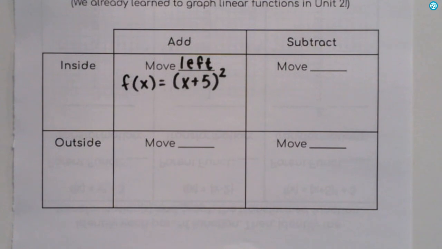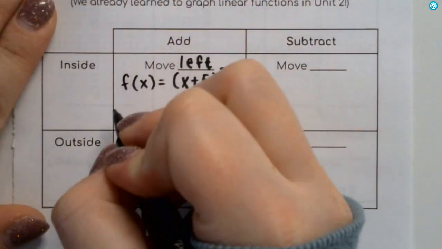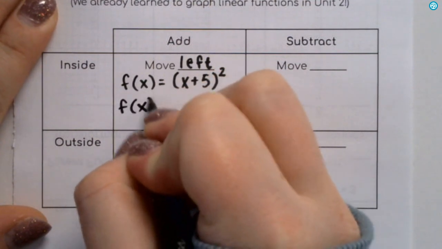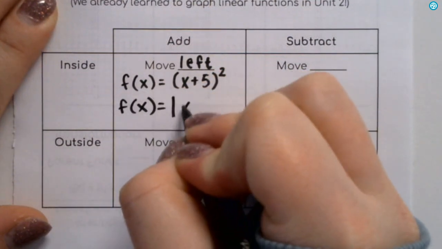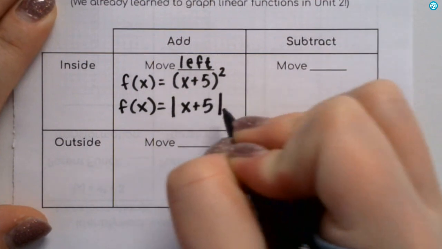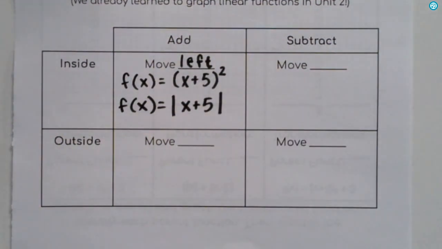Okay. For an absolute value function, what that would look like would be this. F of x equals absolute value of x plus 5.